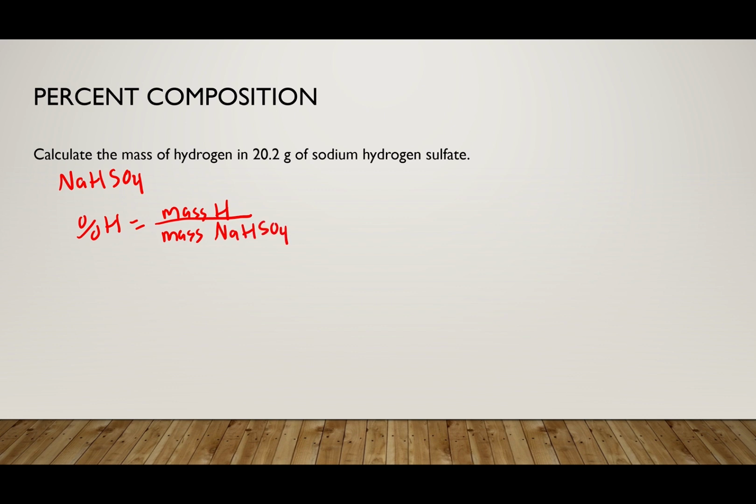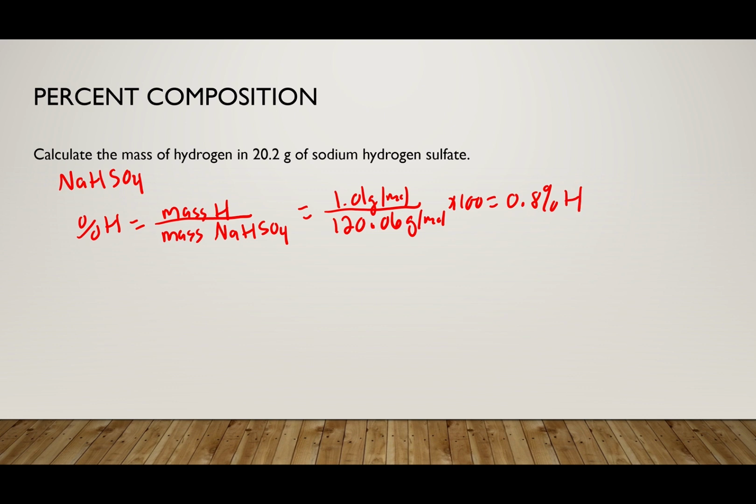Once we know the percentage, we can use that with the mass of the sample. There's only 1 hydrogen atom in this compound, so it's a mass of 1.01, the molar mass of hydrogen, over the total molar mass of the compound, which is 120.06. Times 100 gives us about 0.8% hydrogen by mass.